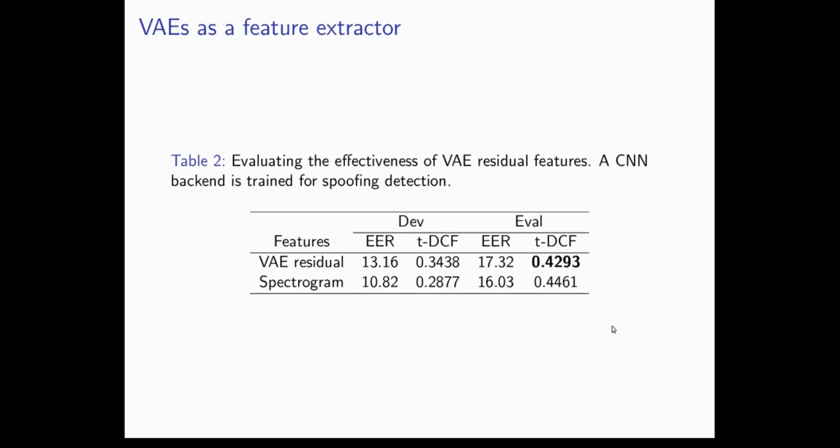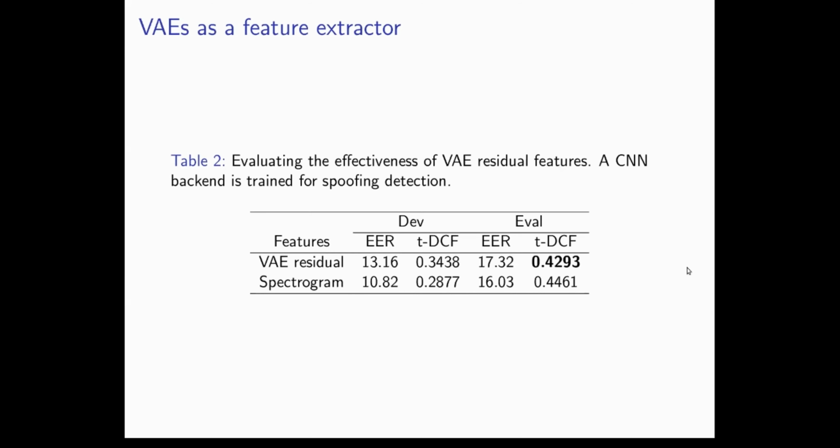The other result I wanted to show you is regarding the second approach that we considered, where we used the VAE as a feature extractor. But unlike other approaches where it's common to use the latent space as a feature representation, we didn't use the latent space; rather, we used the residual features as a new feature representation.